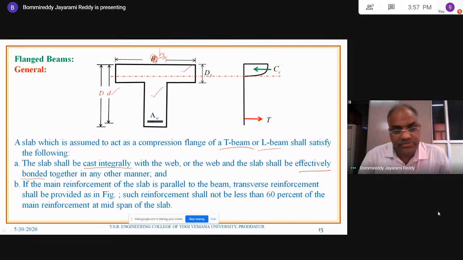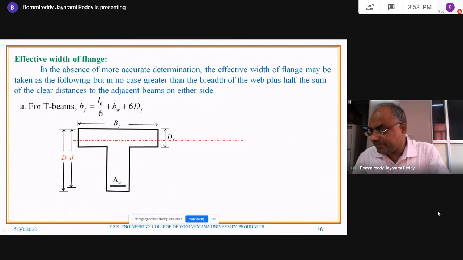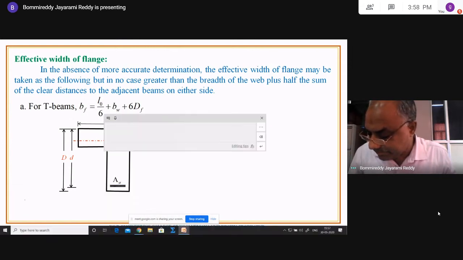And the second condition should also be satisfied. If the main reinforcement of the slab is parallel to the beam, transverse reinforcement must be provided, and such reinforcement must be 60%. I'll explain a little bit here.